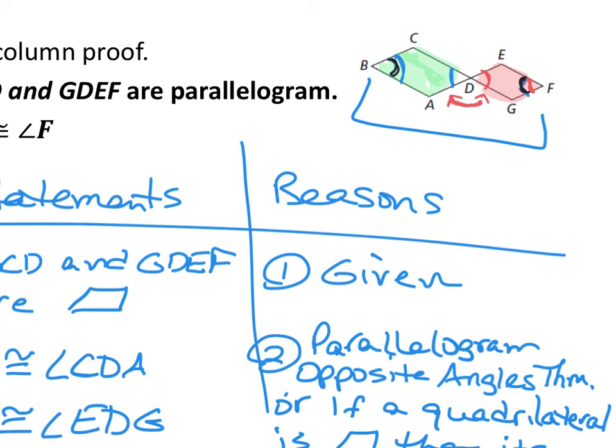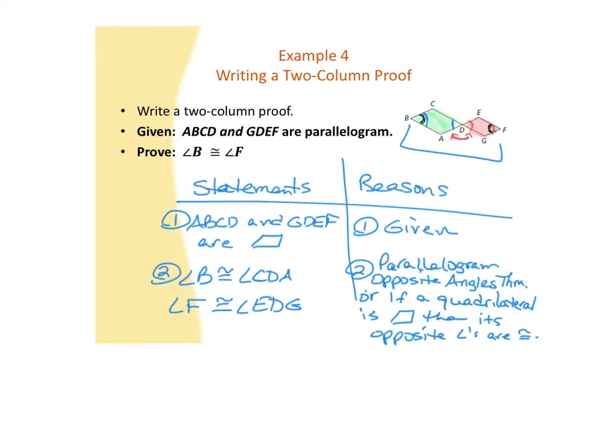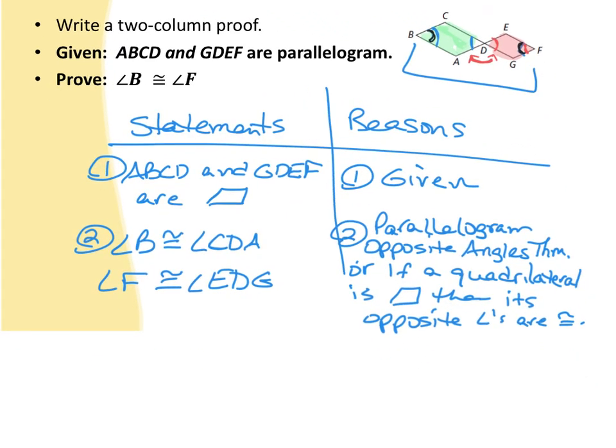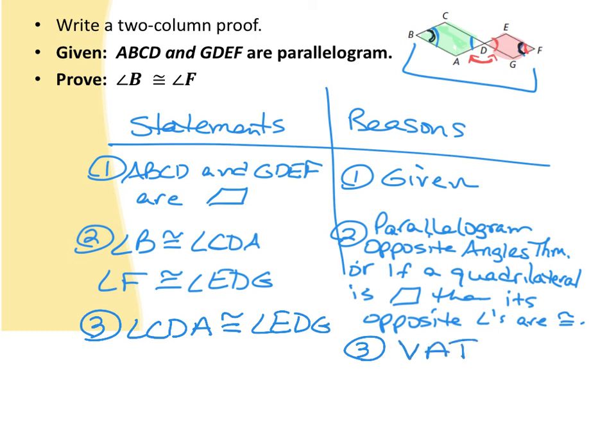And if you reach back to the beginning of the year, these are actually called vertical angles. So I'm going to establish that angle CDA is congruent to angle EDG, and the reason is the vertical angles congruence theorem. And remember, I abbreviated that as VAT.